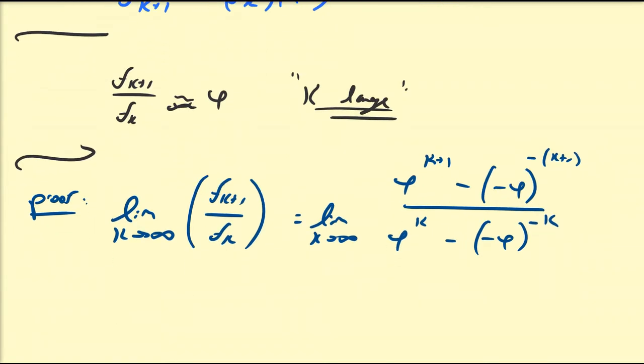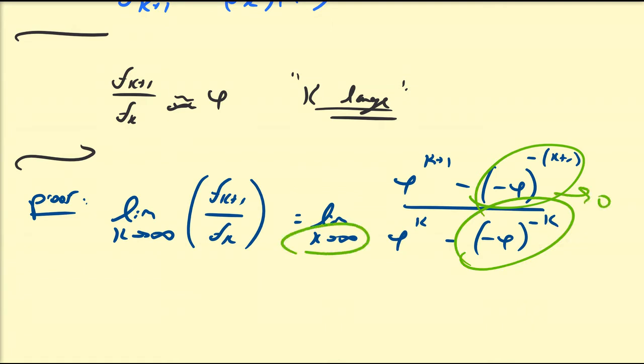All right, so phi is a positive number, and even if it's not positive, we have a negative term here. But we have a positive number raised to a negative power, and k is going to get arbitrarily large. So in the limit, we know that these things are going to go to 0 as k goes to infinity.